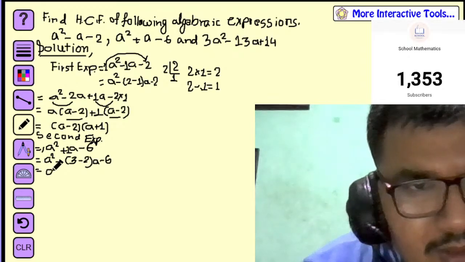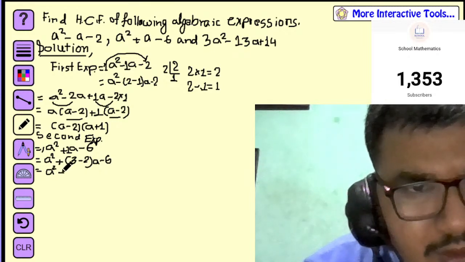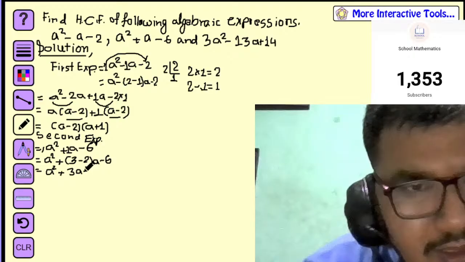What is here? Well, factorization. Right here a square plus, and when you remove this bracket, what will be here? It will be here 3a, okay, right here 3a minus, it will be here 2a, and minus 6 will be there. Okay, like this we have the four terms.